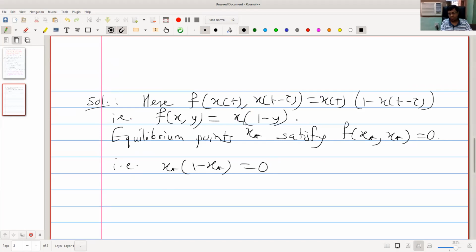We substitute x star for x and y. So we get two equilibrium points. This is a quadratic equation. x1 star equal to 0 and x2 star equal to 1 are the equilibrium points.